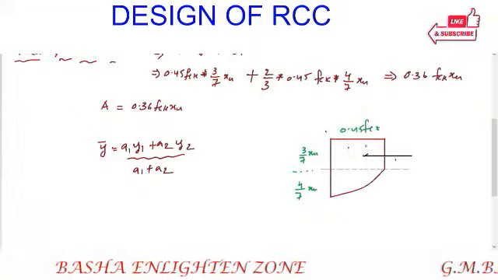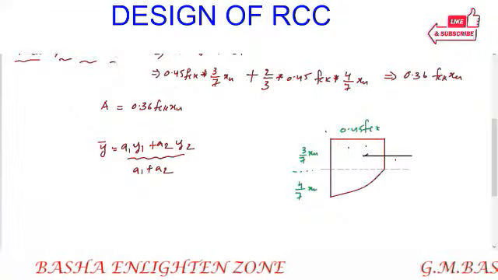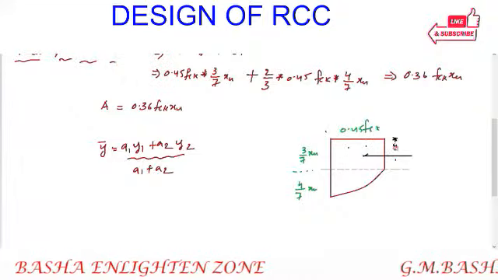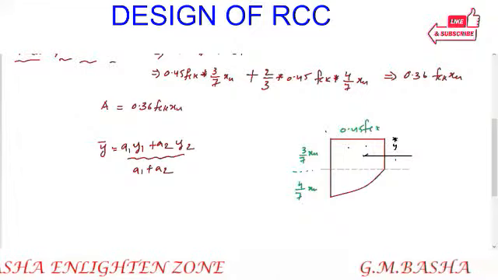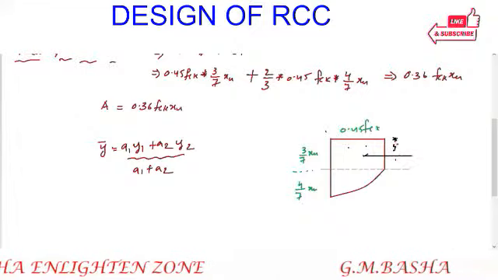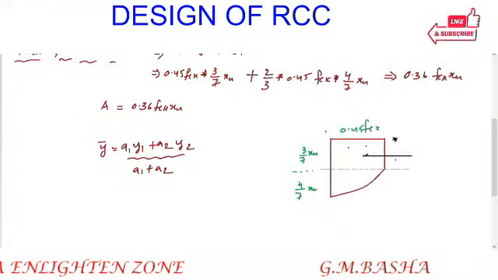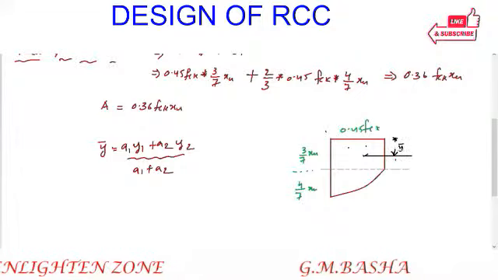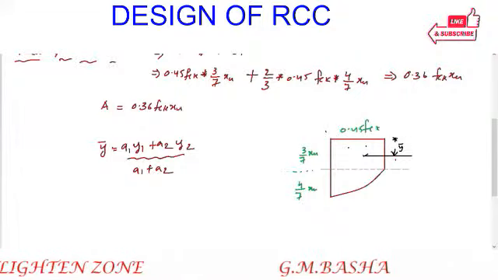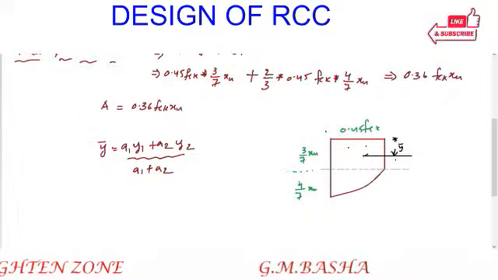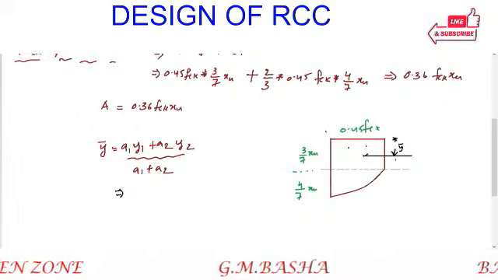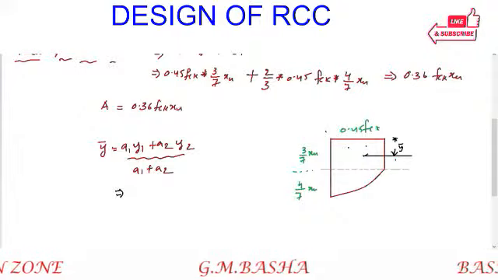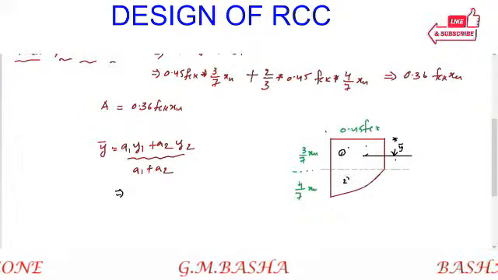So that is indicated from the top fiber as y bar. Okay, so what is a1 here? Coming from the top, this is the first section and this is the second section.